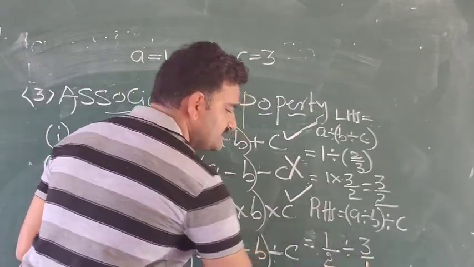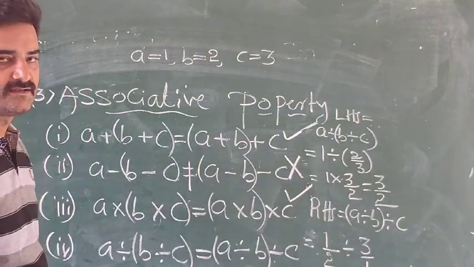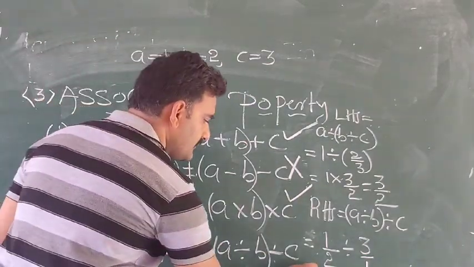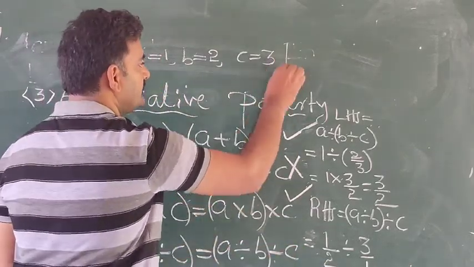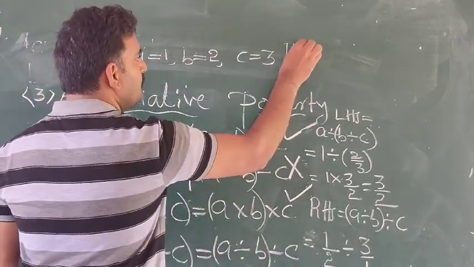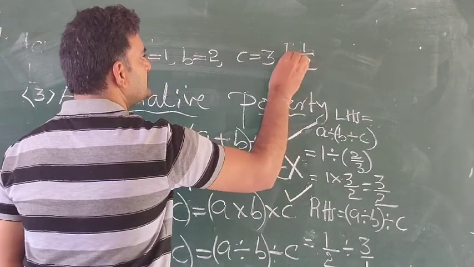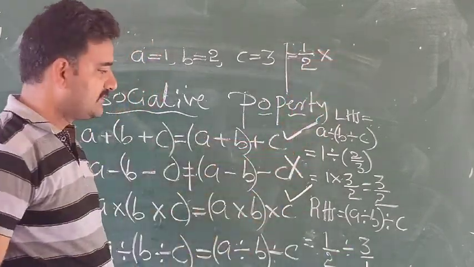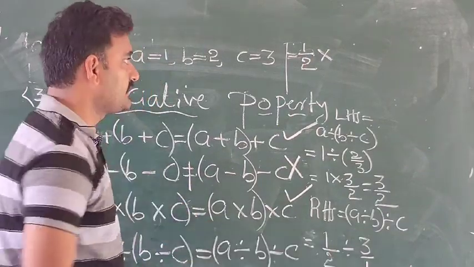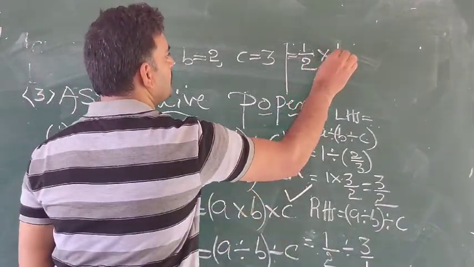Here nothing means 1. Okay, now is it visible? I will go here. Now 1 divided by 2 as it is, division becomes multiplication, then this will become a reciprocal. 3 by 1 becomes 1 by 3.